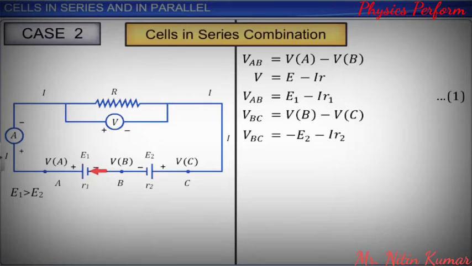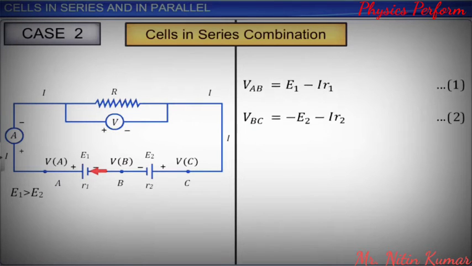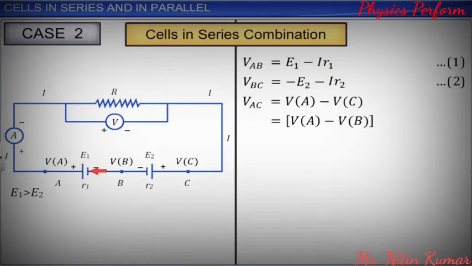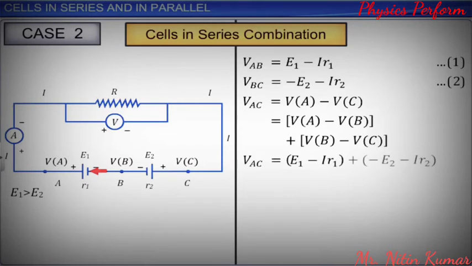Writing the equation for VAC. By substituting equations 1 and 2, simplifying and putting it in the equivalent form, we get EEQ is equal to E1 minus E2.